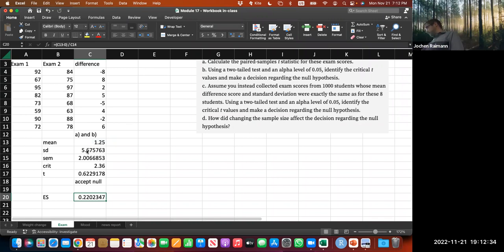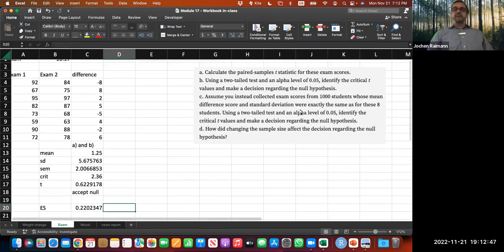So 0.22 qualifies as a small effect size. And this is what question C means to show.